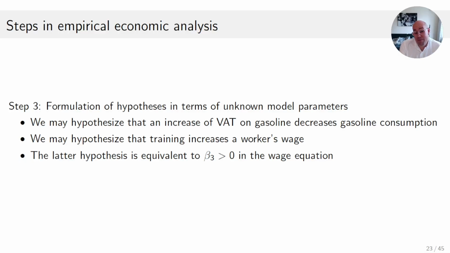So it would be normally in an econometric model a negative beta, basically. We may want to hypothesize that training increases a worker's wage. That would be a positive coefficient on training. Here in the model on the previous slide, this would mean that beta 3 would be positive in the wage equation.